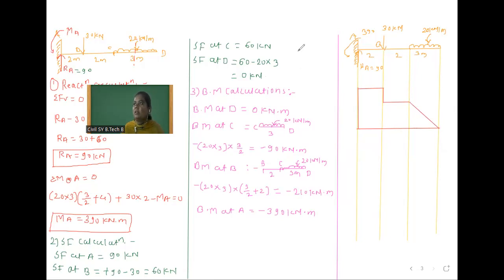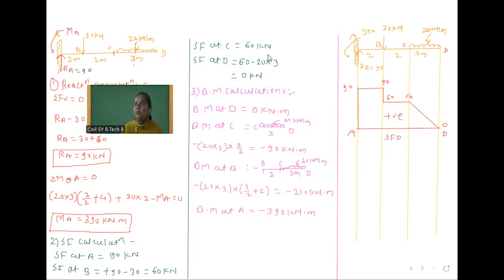Now we will give labels. This is A point and this is B point. Here C point is there and here D point. So shear force at A is 90. Here again 90. Here 60. Here 60 and here 0 kilonewton. So this is the shear force diagram.